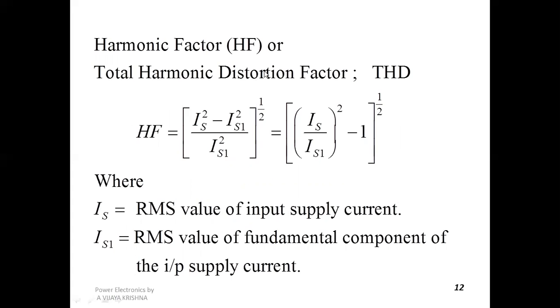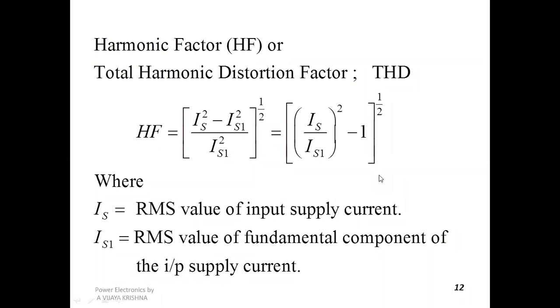What about the harmonic factor? Here, if you observe, more switching pulses are being given. Therefore, the thyristor is brought to the on and off state, due to the line commutation and also the natural commutation.